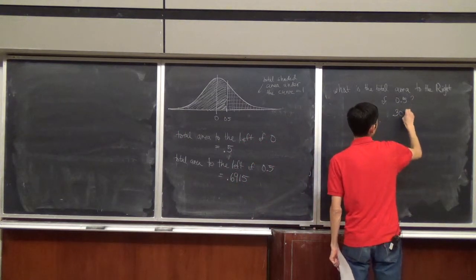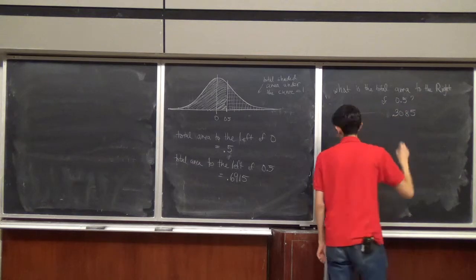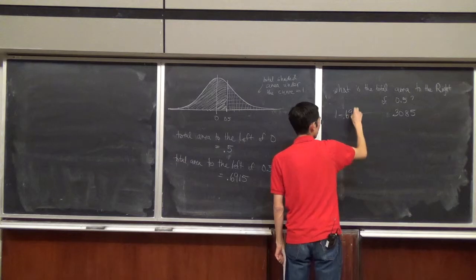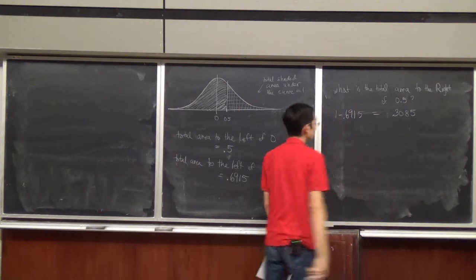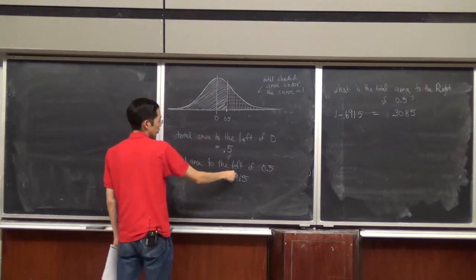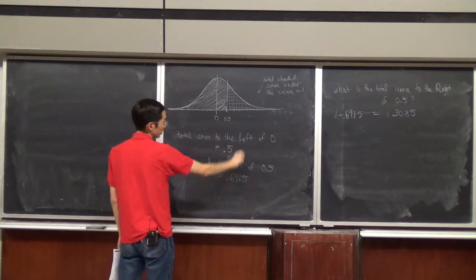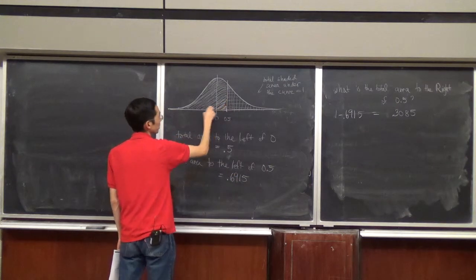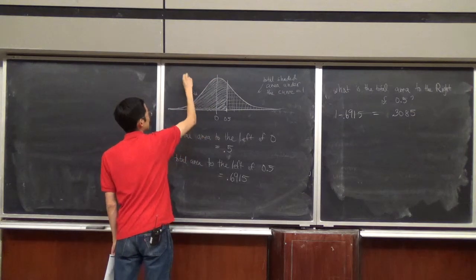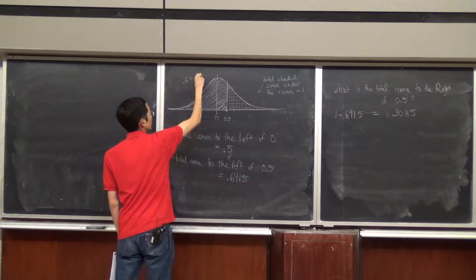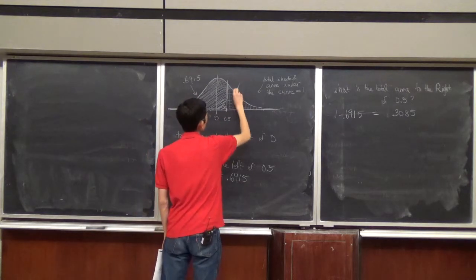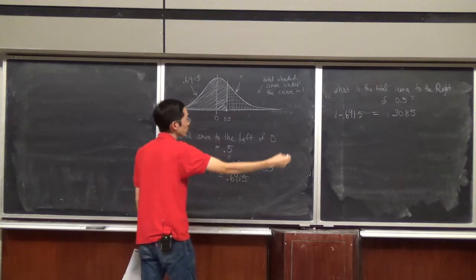Now how did I get 0.3085? 1 minus 0.6915? Yeah. 1 minus 0.6915 is equal to 0.3085. So if everything to the left of 0.5 is 0.6915, which is just something I told you, and the total area under the curve is equal to 1, then this area plus whatever is over here must add up to 1.